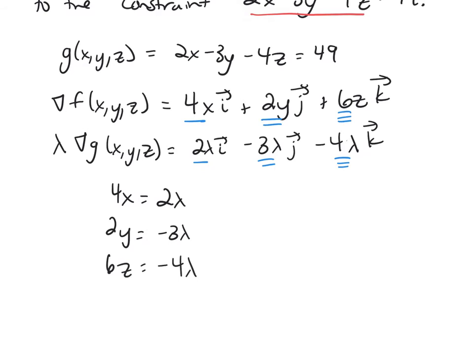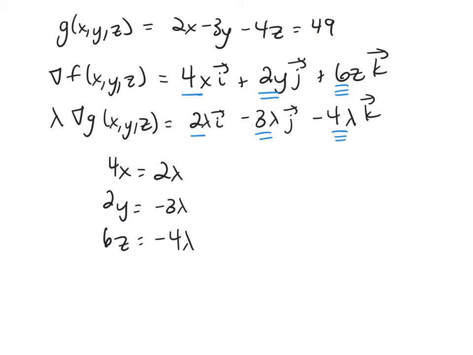And our final equation in our system of equations is our constraint equation, which was 2x minus 3y minus 4z equals 49. So here is my system of equations that I need to solve.